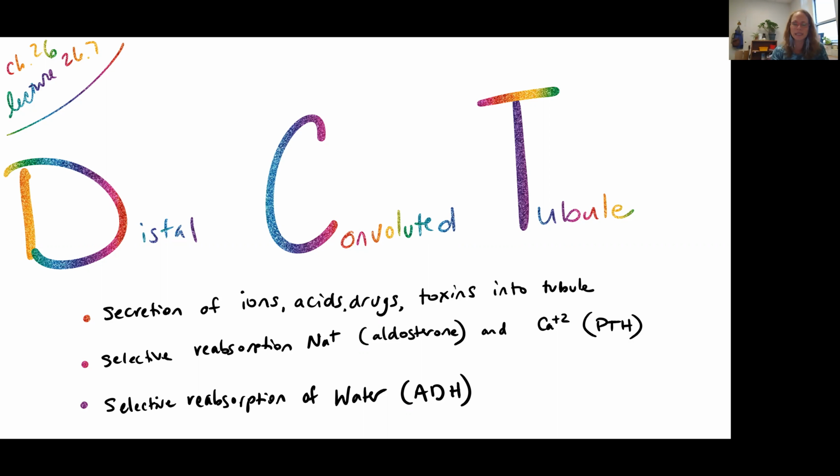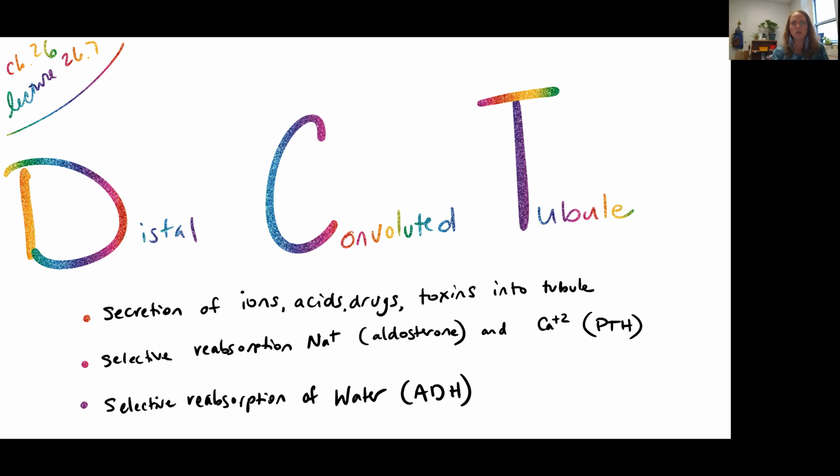The job of the DCT is to secrete ions, acids, drugs, and toxins. Remember, secretion means moving it from the bloodstream into the kidney tubule so that it becomes part of the urine. So we're getting rid of it at that point. We also can see the selective reabsorption of sodium.